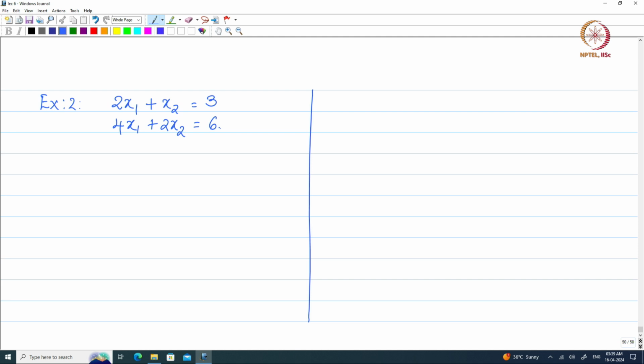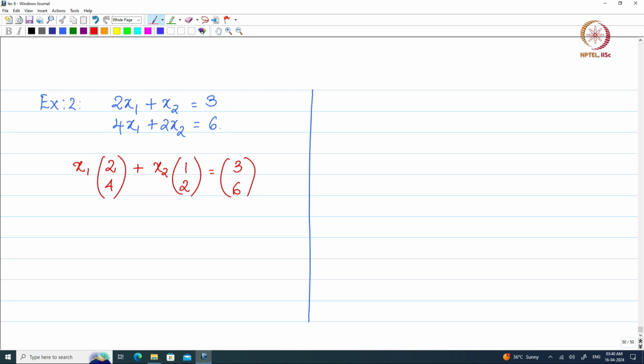This is also something you would have seen in your previous lectures. I am going to write it in the same way as the column picture: x1 into 2 4 plus x2 into 1 2 gives me 3 6.